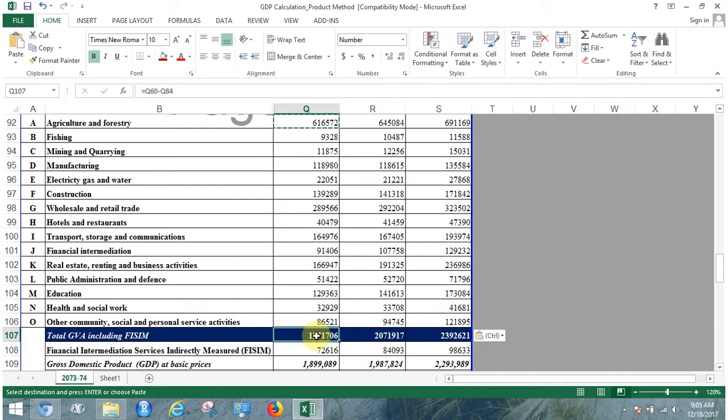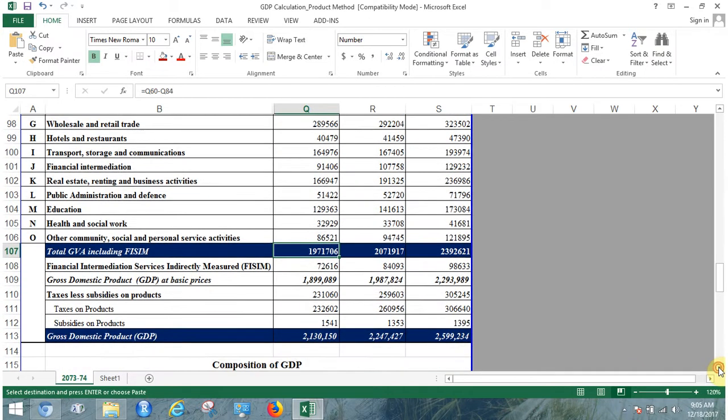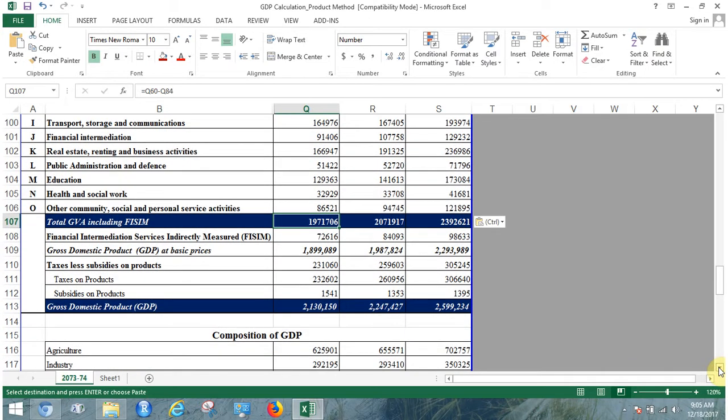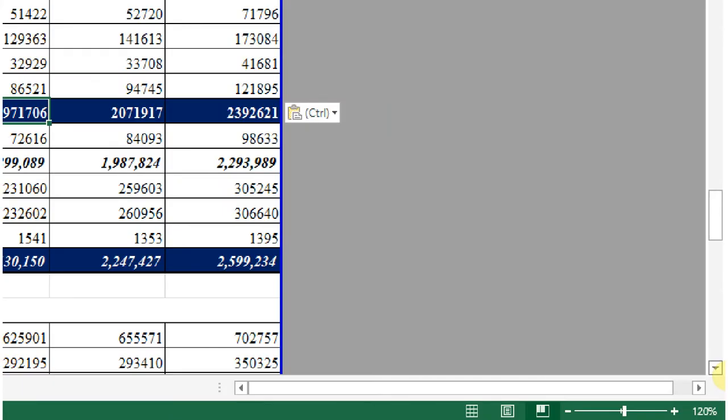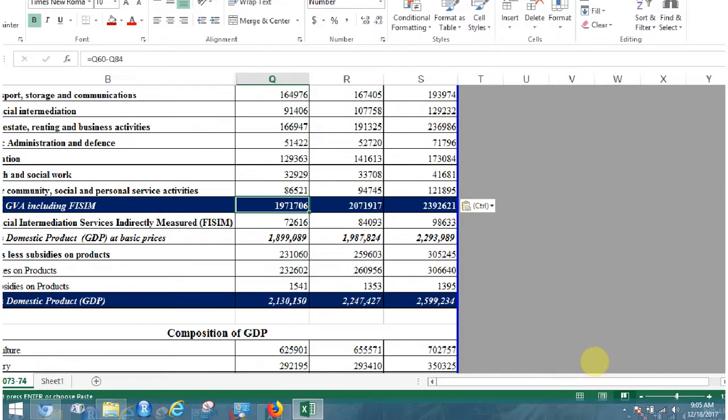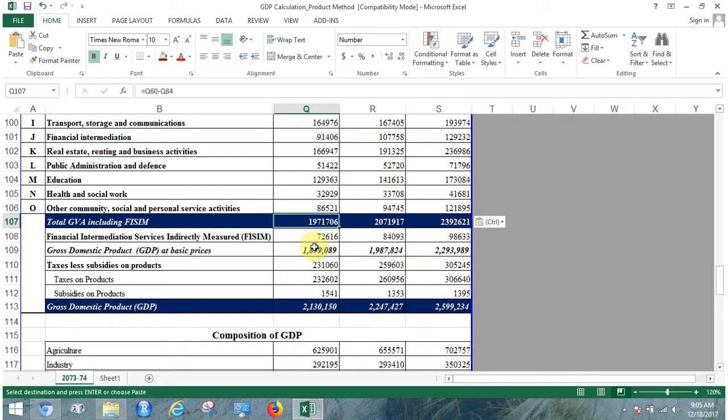Now we sum up the gross value added. This gives us the gross value added of the whole economy. Here comes the trickiest part, which is the difference between gross domestic product and the gross value added.